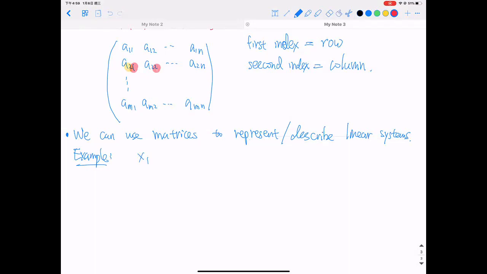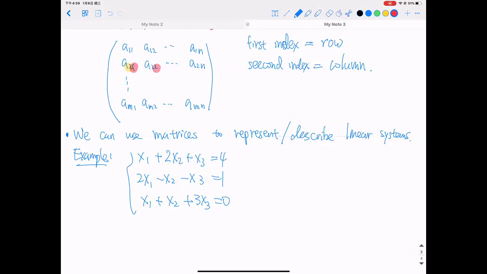Let's say we have this system: x1 plus 2x2 plus x3 equals 4, 2x1 minus x2 minus x3 equals 1, x1 plus x2 plus 3x3 equals 0, say. Okay, so now you obviously see that you've been writing x1s, x2s, and x3s many times.